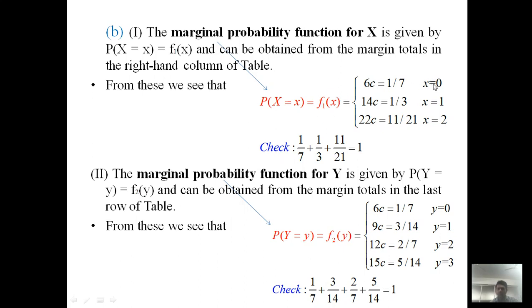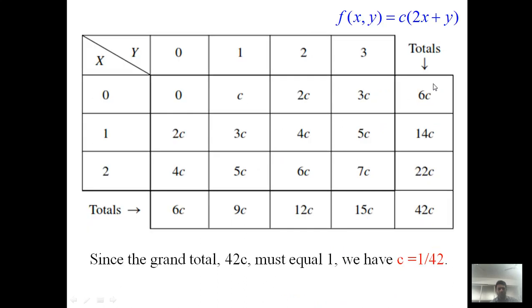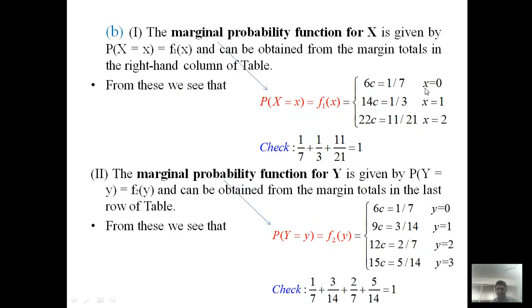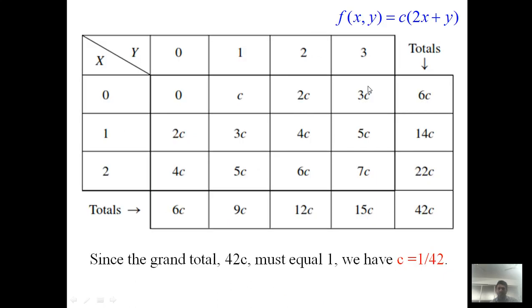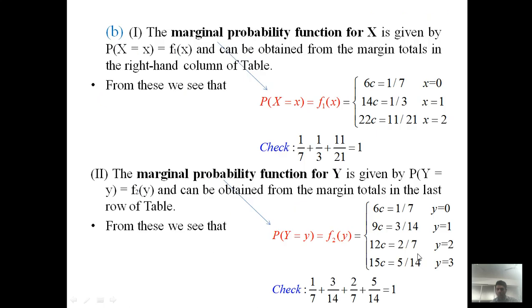So when x is equal to 0, we write down the marginal probability corresponding to x, that means this one. When x is 0, its marginal probability is 6c. But c is 1 by 42, so 6 into 1 by 42, and simplification leads to 1 by 7.